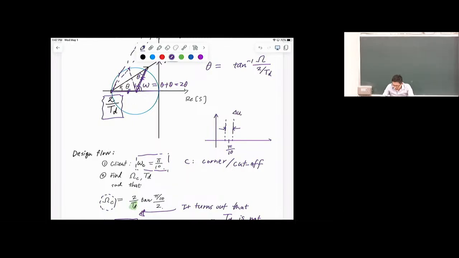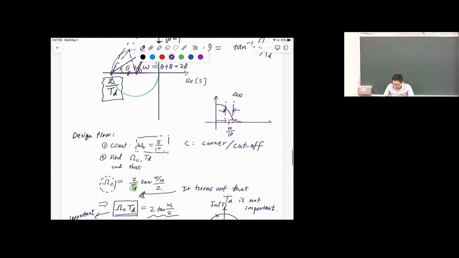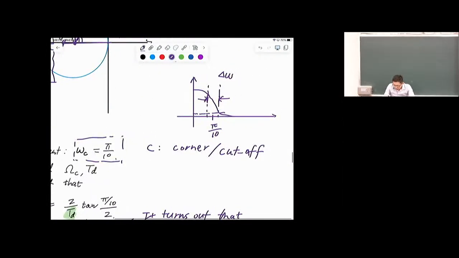So let's say we want the response, roughly speaking, to drop from the corner frequency to below 0.01. Let's call it delta.